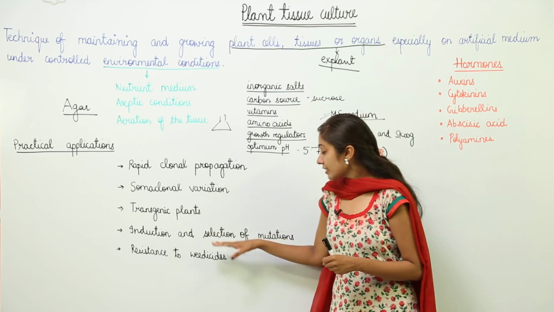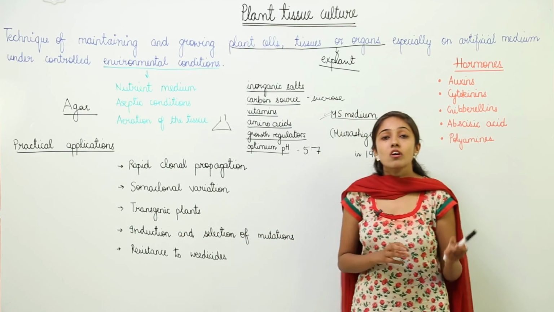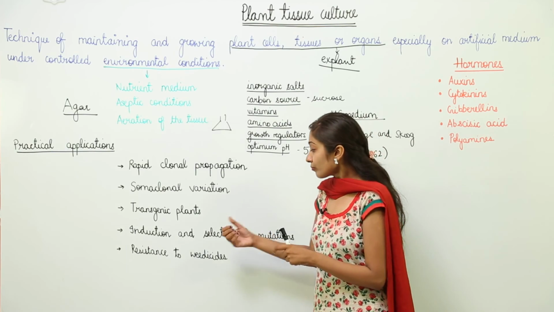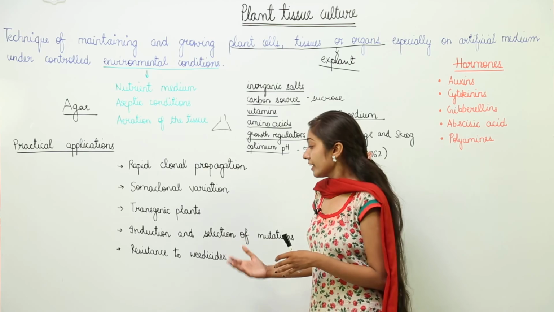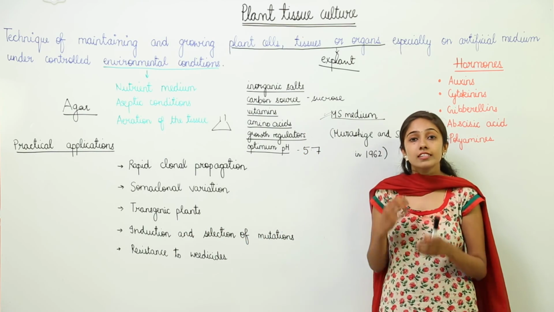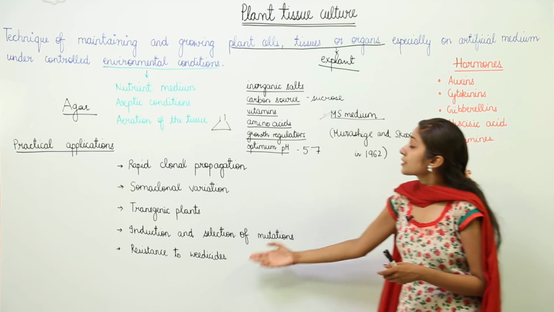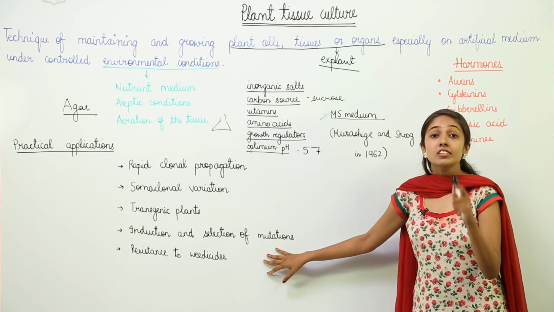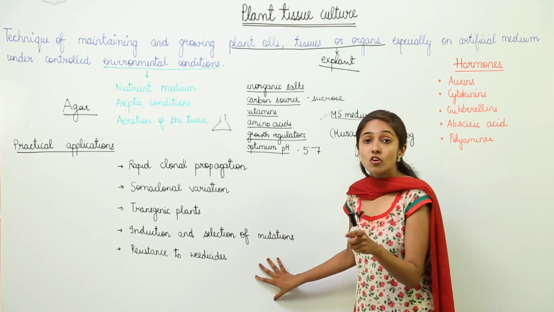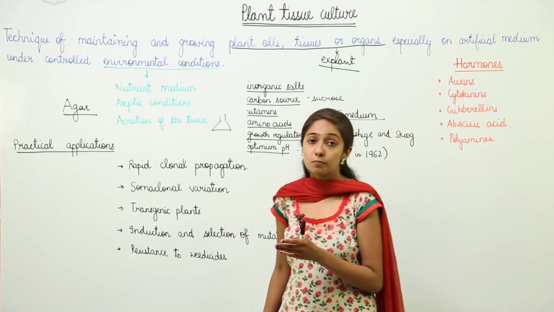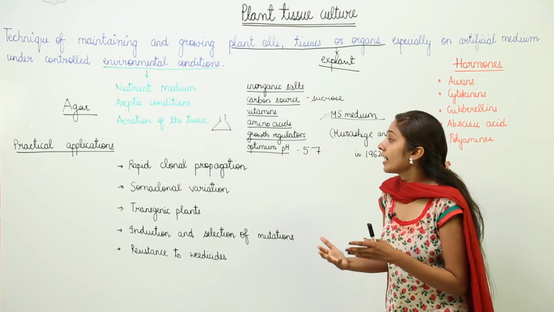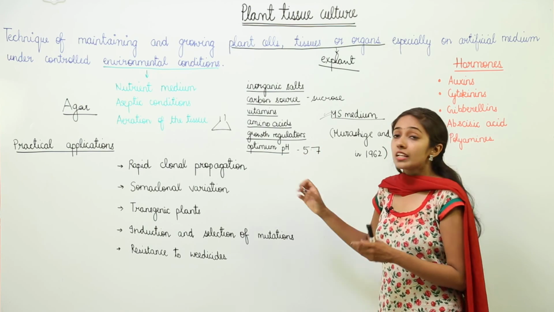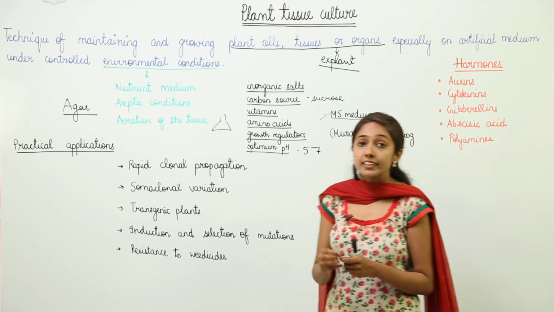Then induction and selection of mutations. Mutagens cause mutations, certain changes which can be selected based on the need, based on the desired trait. Then resistance to weedicides or disease resistance is made so that we can have the desired disease tolerance or insect tolerance trait in the plants. So plant tissue culture is actually a fast way to achieve plants with desired characteristic traits.